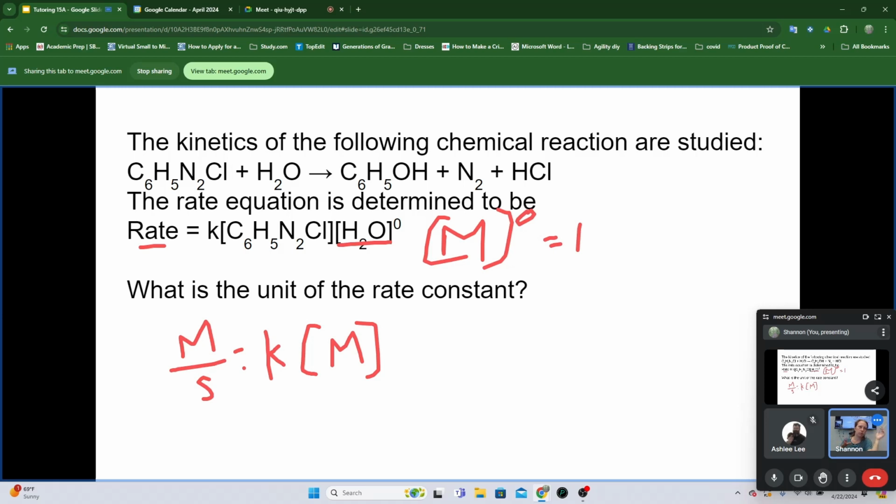So finally, writing this out would be molarity over seconds times molarity. Both of these cancel, equals 1 over seconds. You don't even have molarity in the final unit.